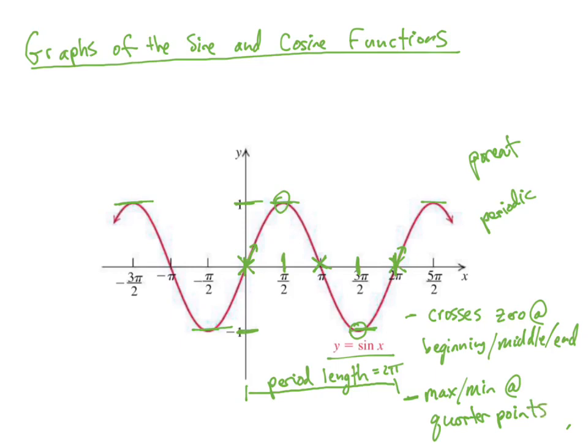And then the last thing I want to mention is how the values on the sine graph relate to what we see on the unit circle. So let's say we have x and then sine of x. So we have the input, x, and then the output, sine of x.